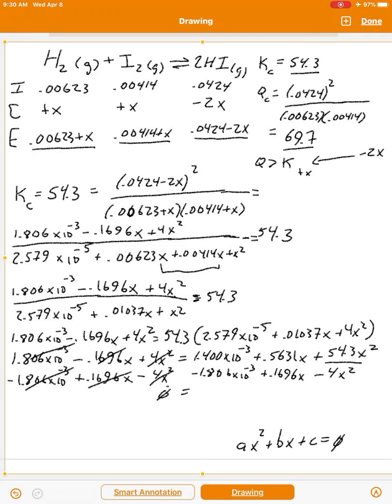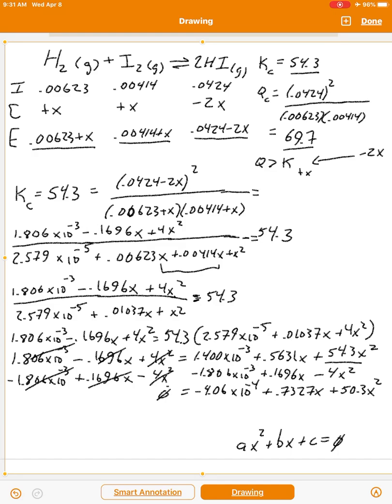So we have 0 on the left side. Then we add everything together on the right side. So when we do that, we have negative 4.06 times 10 to the minus 4, plus 0.7327x, and then plus 50.3x squared. Okay, a lot of work to get to that point.